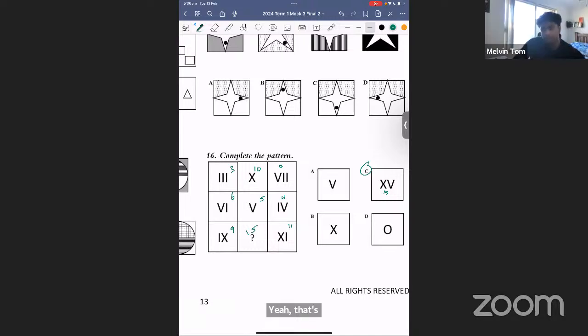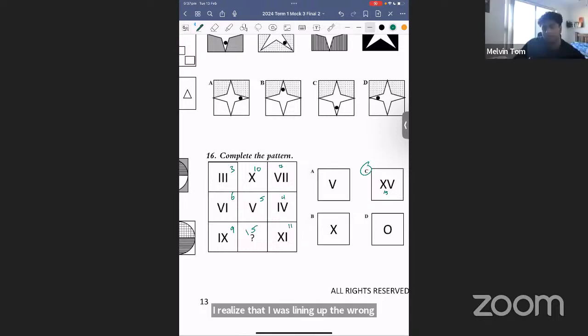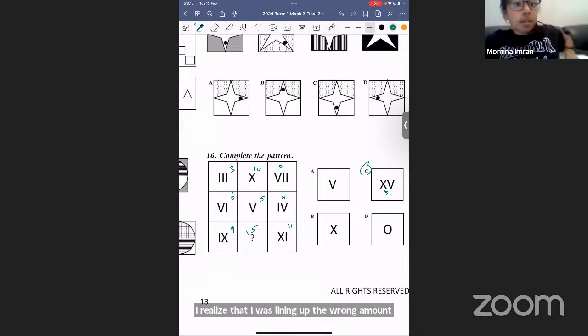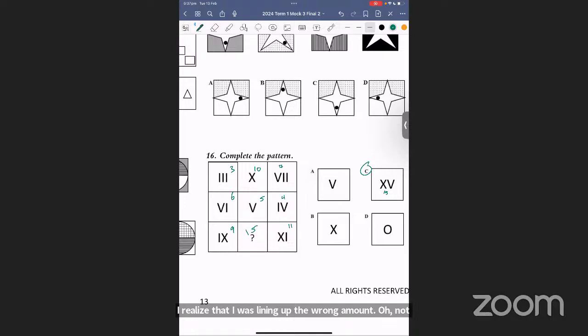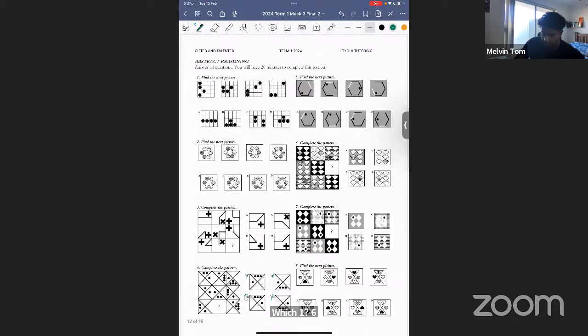The other ones I either chose the wrong answer for because halfway through, I realized that I was lining up the wrong answers. Other than that, it's fine. I got one. 6. Which one? 6? Yep. All right.